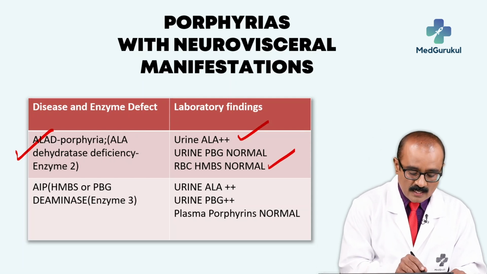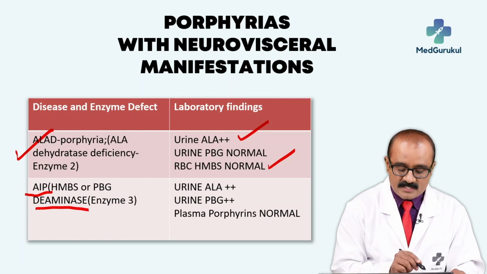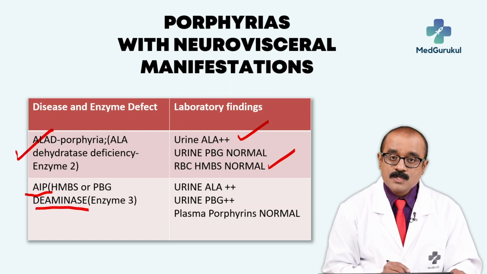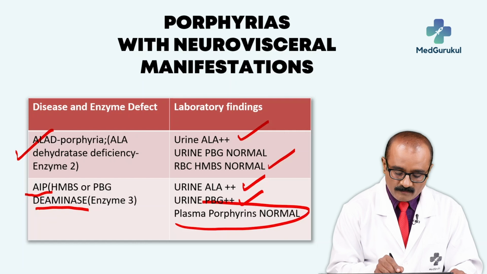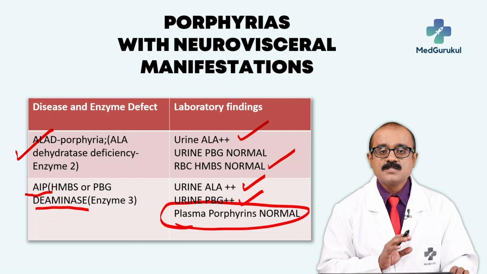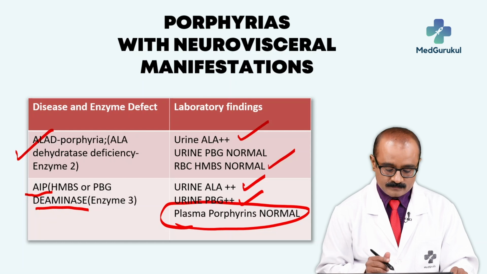Whereas AIP, that is acute intermittent porphyria, is PBG deaminase deficiency. This is the most common. What is increased in urine is urine ALA and PBG, whereas plasma porphyrins are actually normal. There is no fluorescence because the plasma porphyrins are normal.